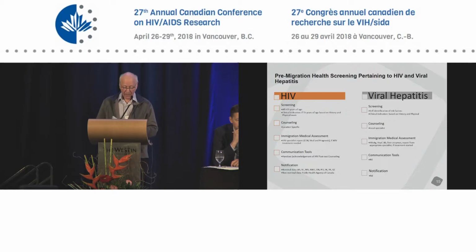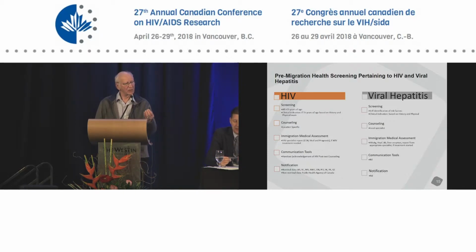We then communicate the material to immigration, and if a client is found to be medically admissible, they are actually given a handout on how to access HIV care and treatment inside of Canada. They are given various phone numbers to call. They are asked that if they do not speak English or French, to try and get someone who can translate for them that they know and that they trust.